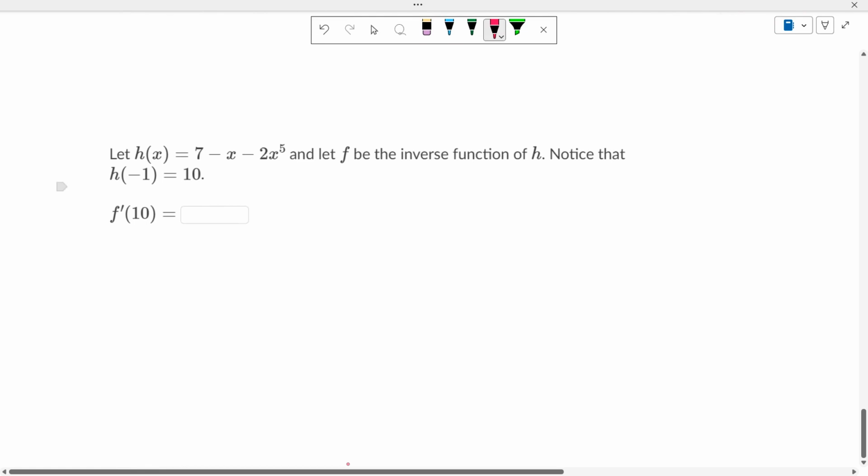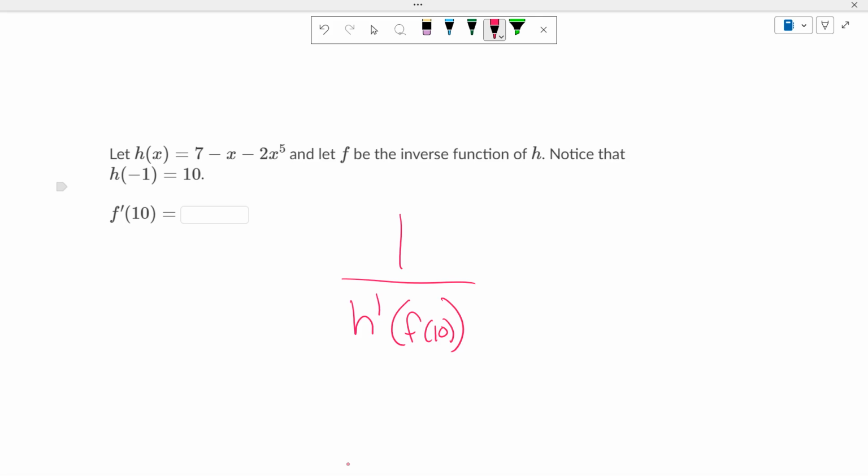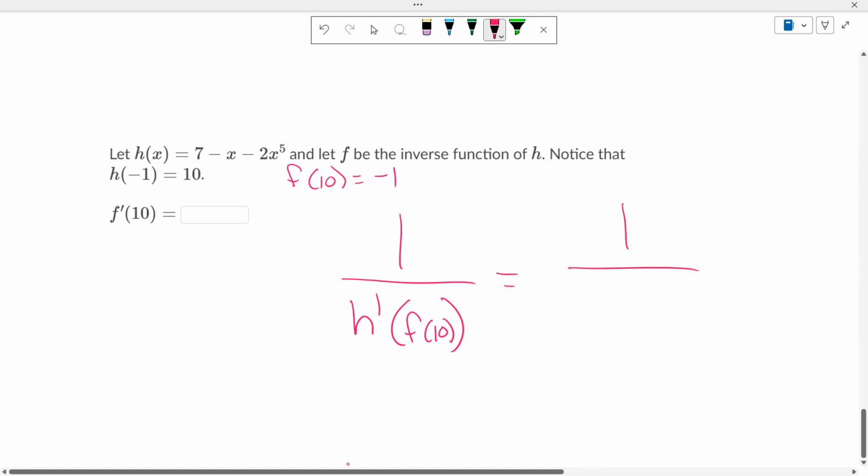So f prime of 10 is 1 over h prime of f of 10. Well, we know if h of -1 equals 10, then f of 10 equals -1, because if they're inverses of each other, this flips around for the other one. They flip because inverses flip the x and the y. So it's 1 over the first derivative of h at -1, because f of 10 is -1.